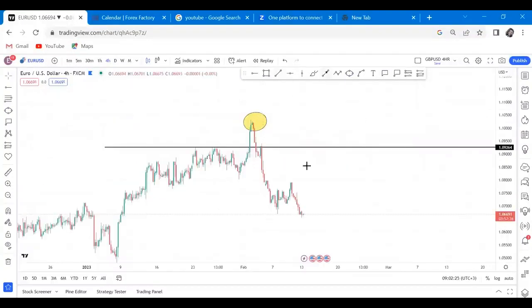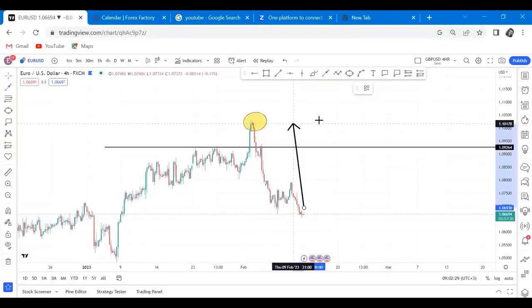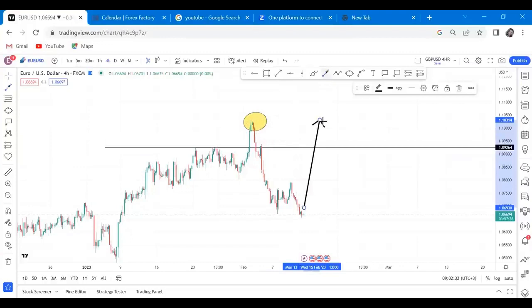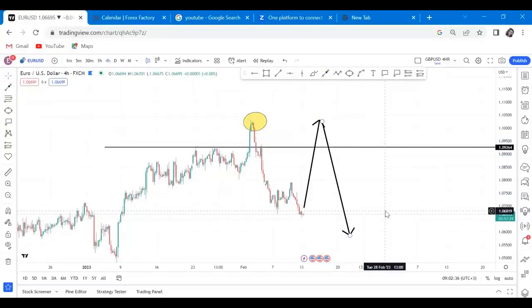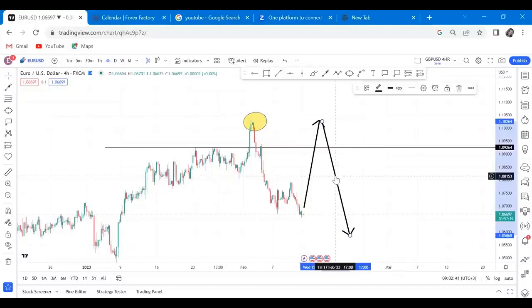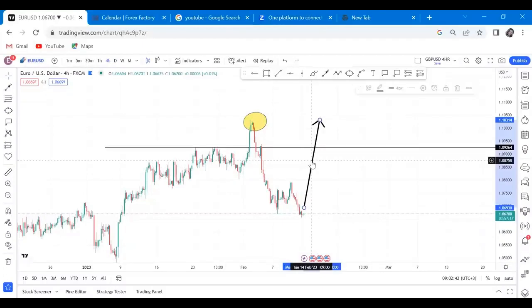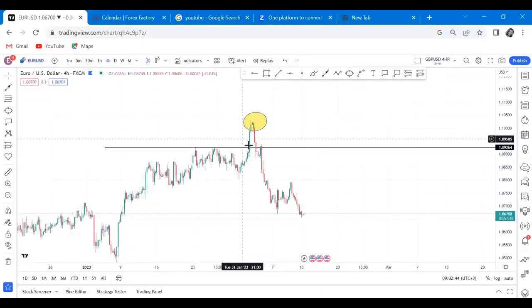Unless we see buyers coming to this area again and they are not able to break, that's when you can see the sellers are taking control. But the first thing I'm pointing out is that we had a break of structure. Buyers are more willing. They have broken this, and they are more willing to take the market up.